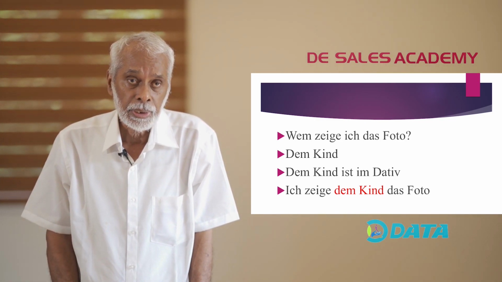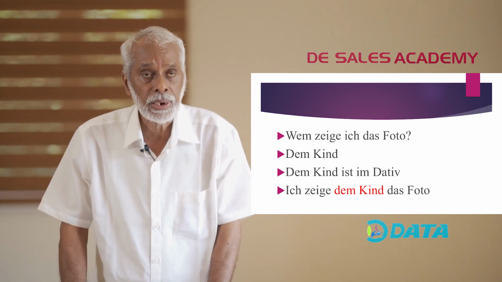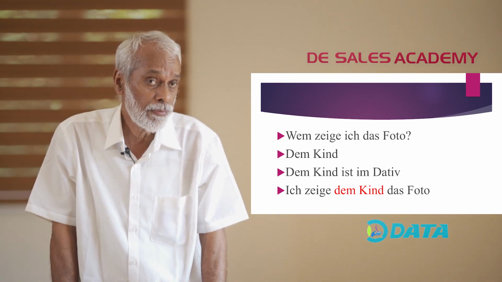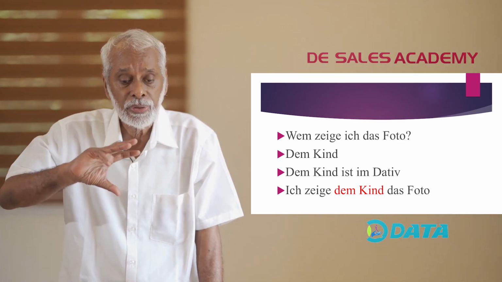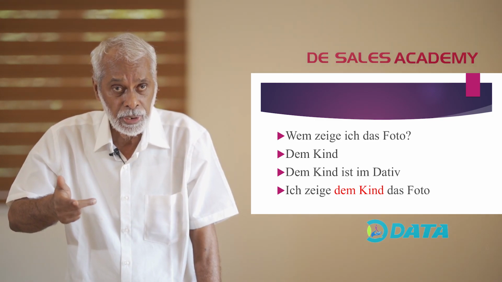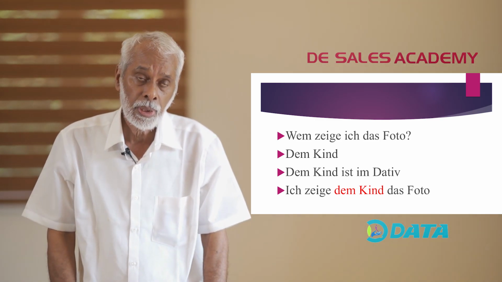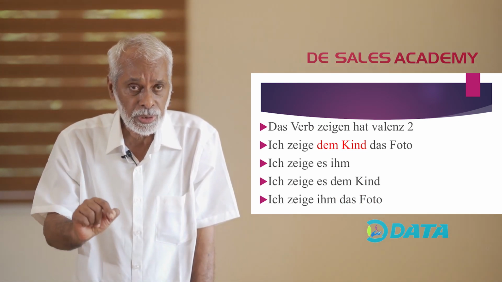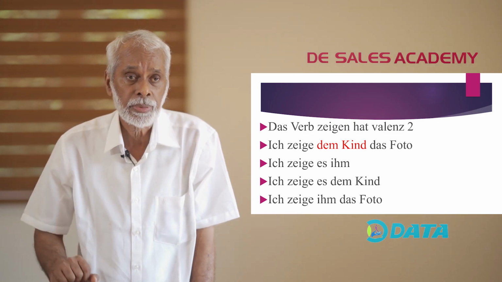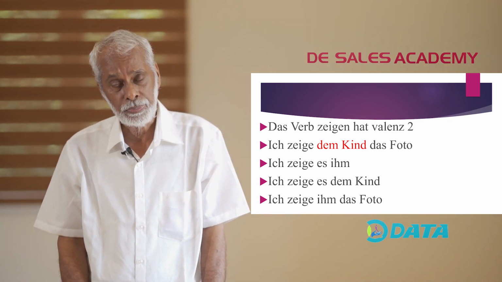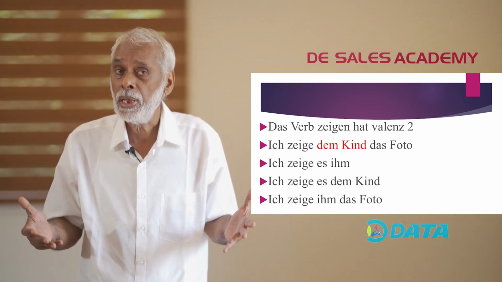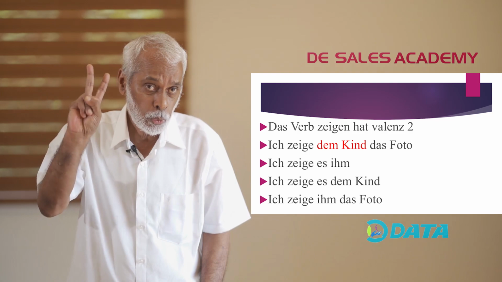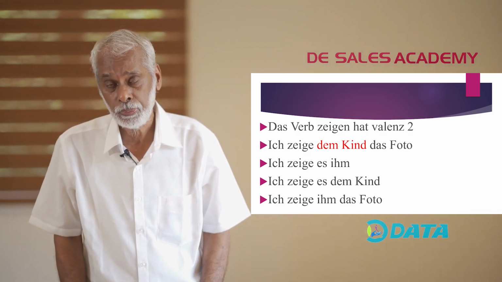Otherwise, grammatically, the sentence is wrong. The Satz is false. So be very careful if you are handling an accusative noun and a dative noun. Make sure that the dative noun is written first and then only the accusative noun. And again, talking about the valency, the verb zeigen has got valency number 2.